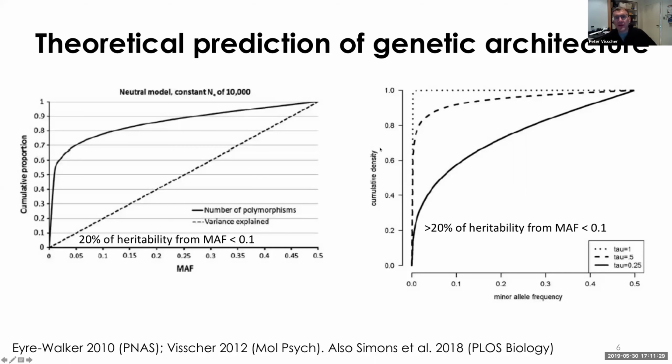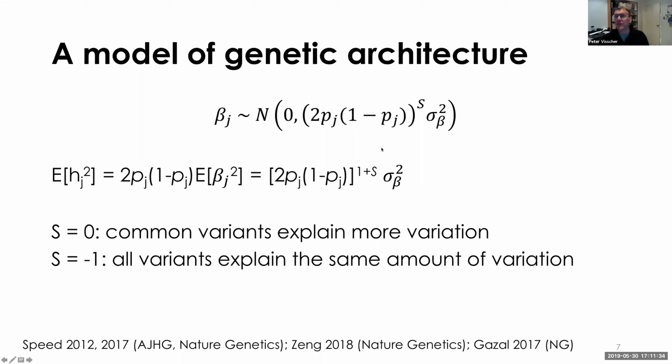Recently, using SNP data, a number of authors have suggested we can model this in a simple model and try to empirically look at the relationship between allele frequency and effect size. Here is a very simple model where we have our effect size on our trait being a function of allele frequency, to be more precise, heterozygosity at that marker, and a parameter which we called S, which has to do with the relationship between the effect size and the allele frequency.